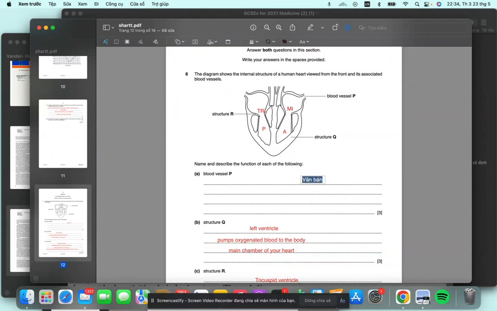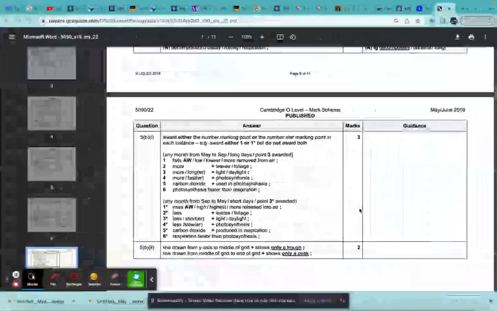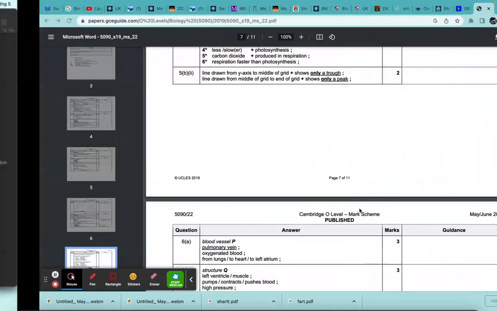Blood vessels. P is the pulmonary vein. I think it's the pulmonary vein.